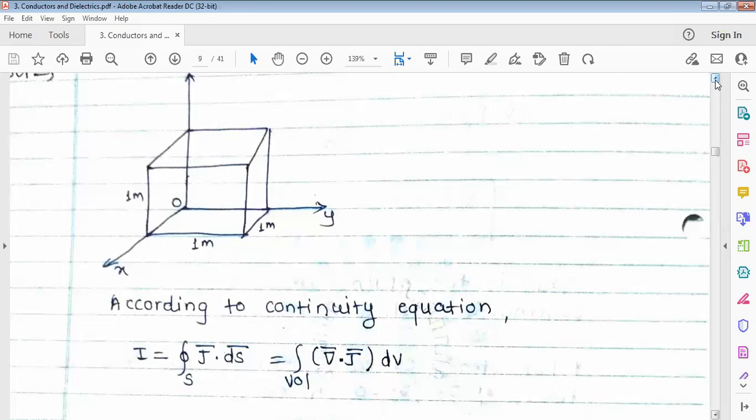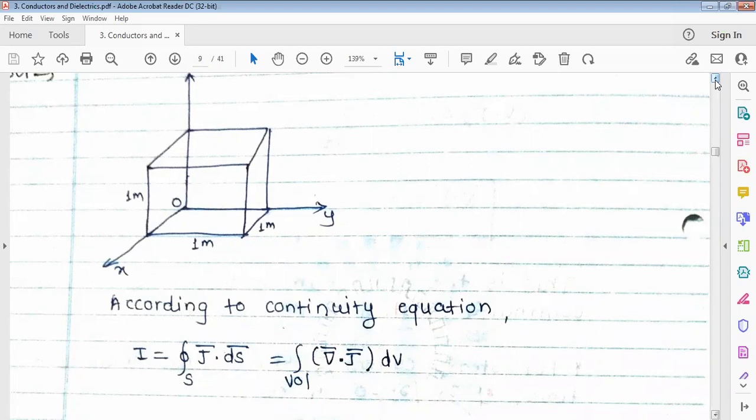Okay, but it is not given, because here we have to find the current which is coming out from that volume, from that whole volume. So we cannot consider that for a particular plane, as the current is not coming out only from that plane.